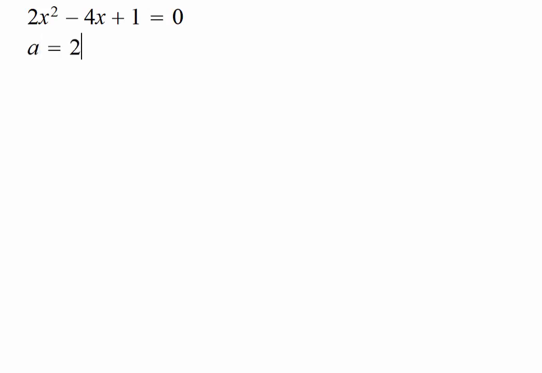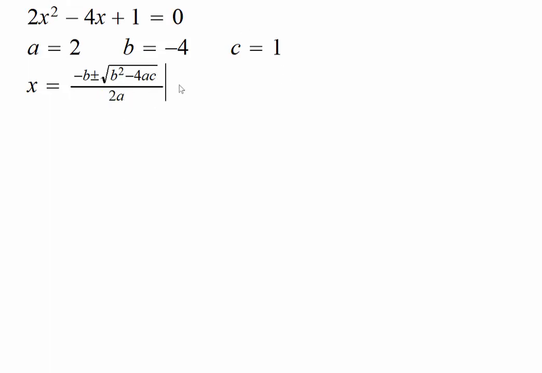Remember, if we go by those general notations, a is 2, b is negative 4, and c is 1. By the quadratic formula, the solution is x equals negative b plus or minus the square root of b squared minus 4ac, over 2a.